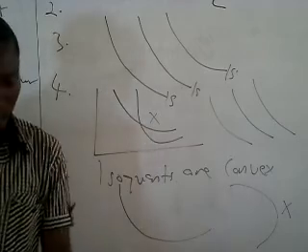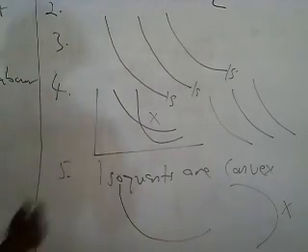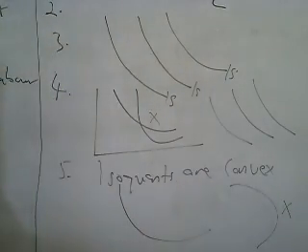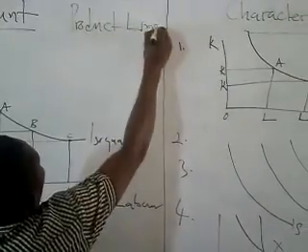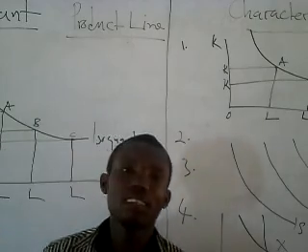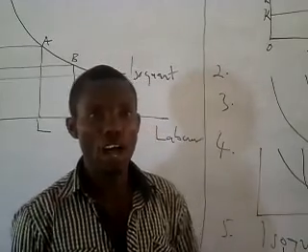Now we are going to look at what a product line is. A product line is a line that joins the various combinations of isoquants.